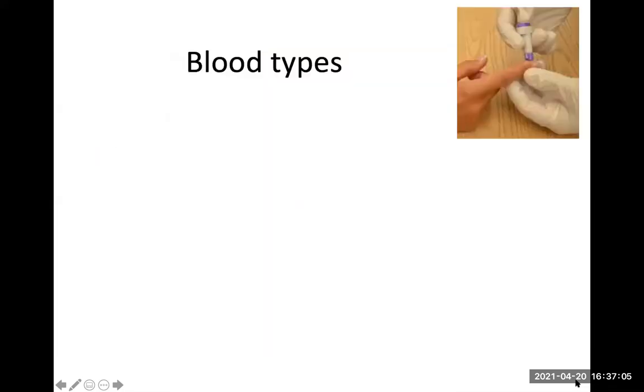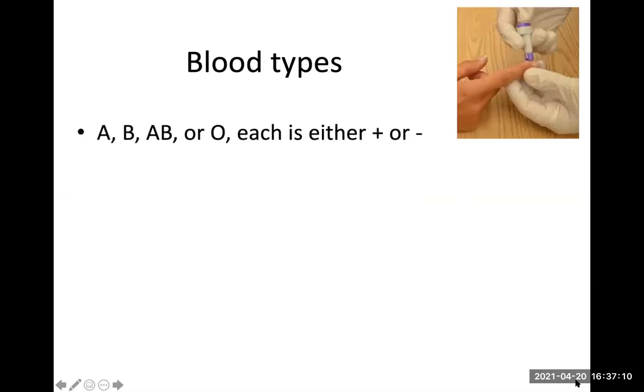All right, blood types, we've gone over this in lab, but just to remind you, there's A, B, and O, and each one could be plus or minus. And so there are antigens. Some people have the A antigen on the surface of their blood cells. Some will have B, some will have both, some will have neither. And then there's a third type called RH, which we refer to as being positive or negative.